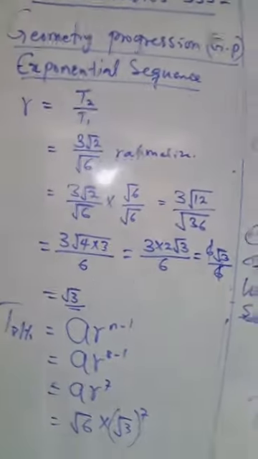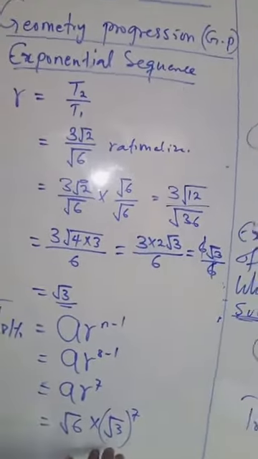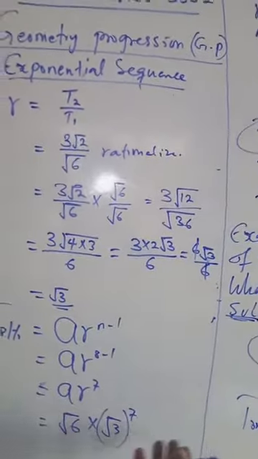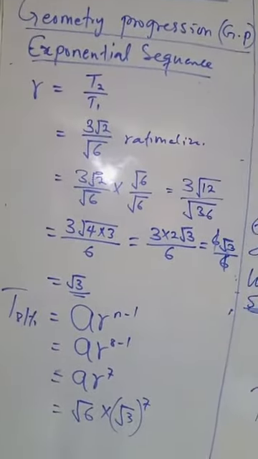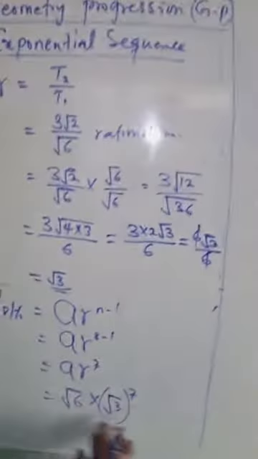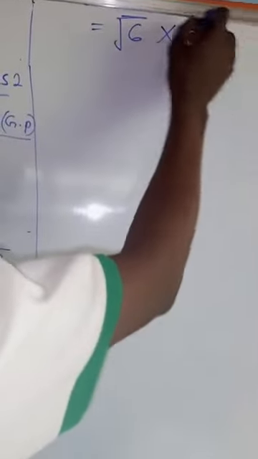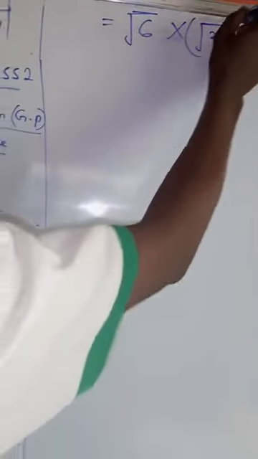So we want to deal with this. Root 3 raised to power 7 means root 3 in 7 places. They said in the simplest form, that is root 6 multiplied by root 3 raised to power 7.